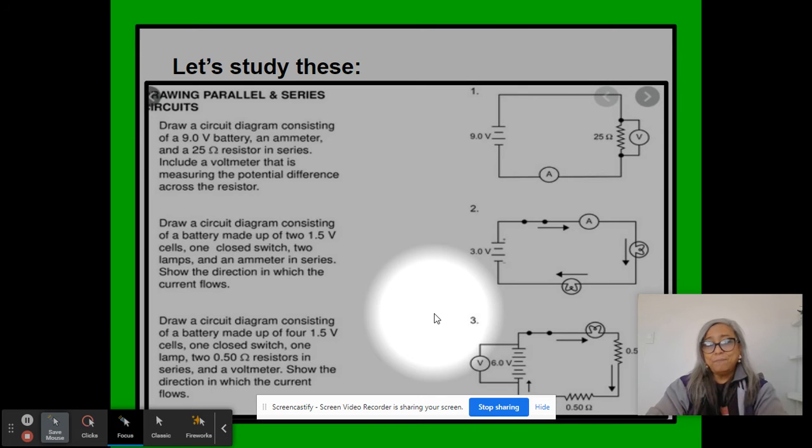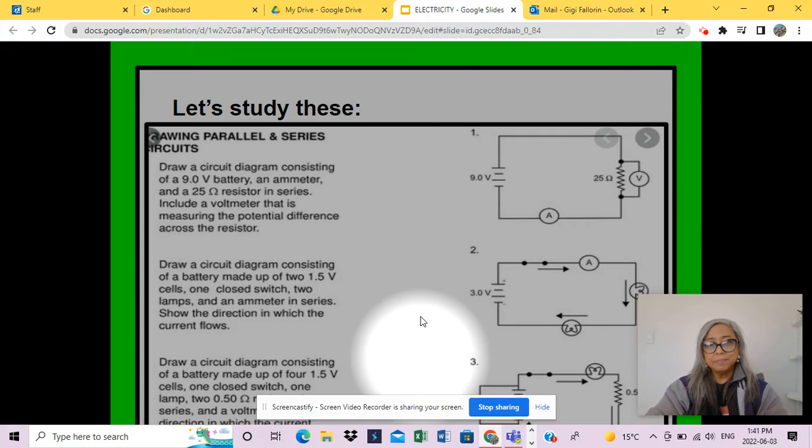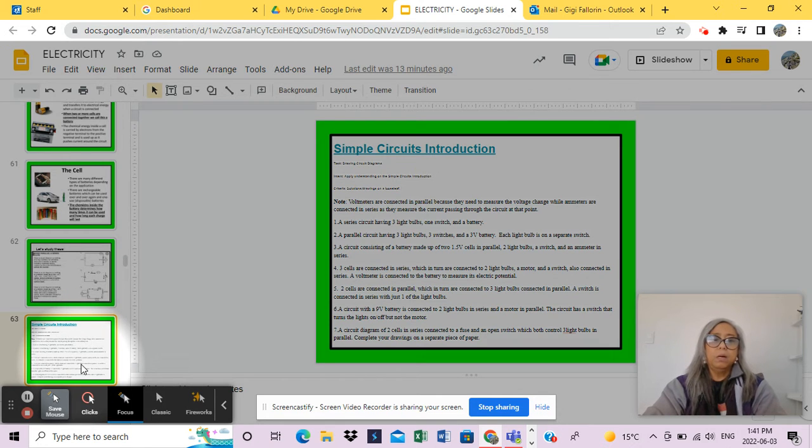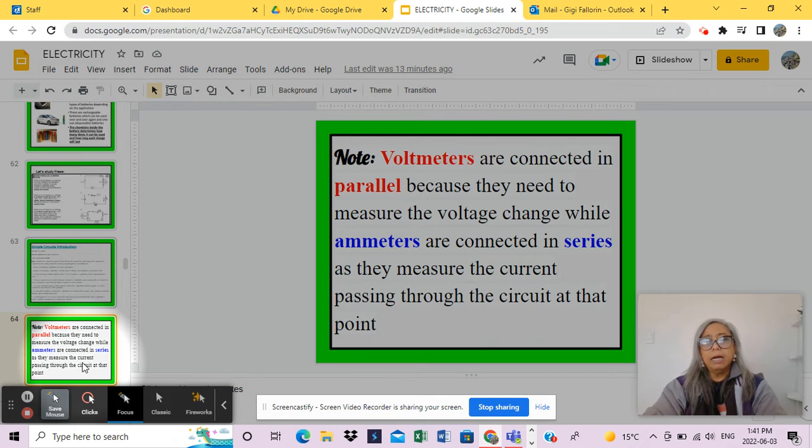So pause this part of the video and go over the diagrams here, and let's just move on, okay? So you had this on yellow paper or on a different sheet, and that's when we had this on the document camera in the room.